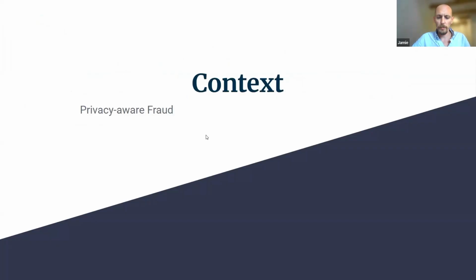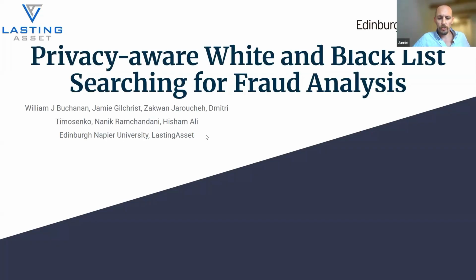Just to set the context here, the aim of this talk is to show how fully homomorphic encryption, or indeed partial homomorphic encryption, can be used in fraud analysis, and particularly in our case, the idea of a blacklist and whitelist for IP addresses.